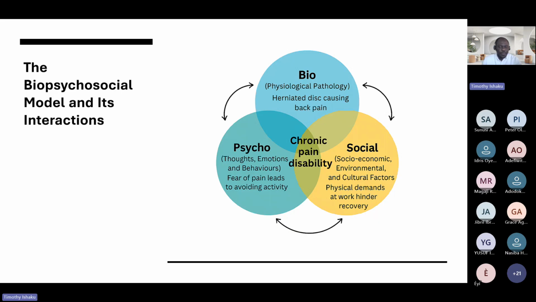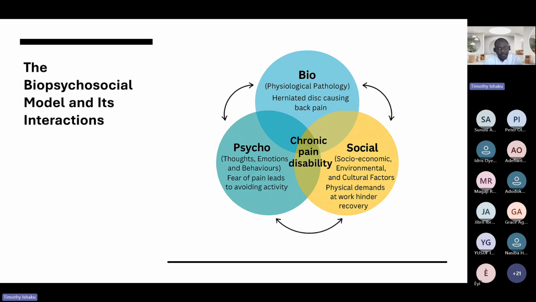So back to our example of the herniated discs. The herniated discs may cause back pain. Just to wrap up every conversation, I've been talking about the interaction between the biological, the psychological, and the social. The herniated discs may cause back pain, but it can trigger a psychological response like fear of movement, which I think we always see in practice.